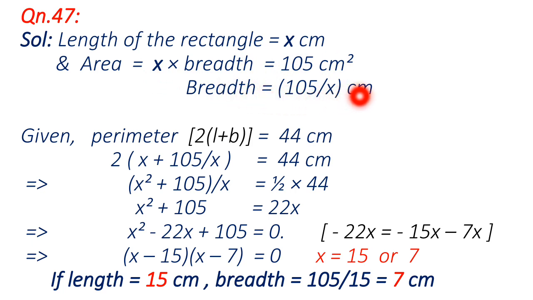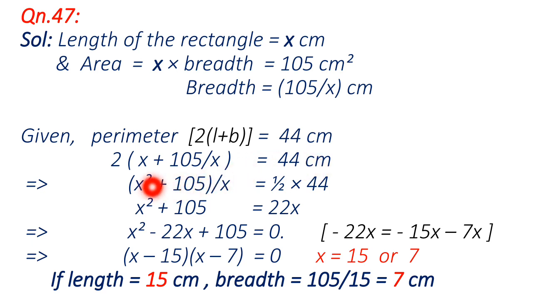Now it is given that the perimeter is equal to 44 centimeter, and we know the formula for perimeter, 2 into length plus breadth. This length is x and this breadth is 105 divided by x. So we can put those values: 2 into x plus 105 divided by x is equal to 44 centimeter, which is given as the perimeter, correct.